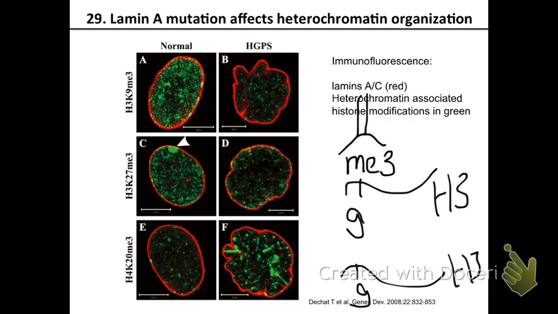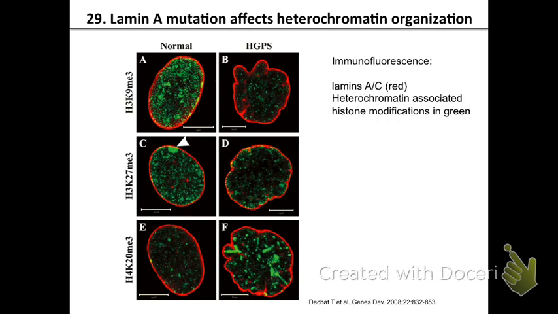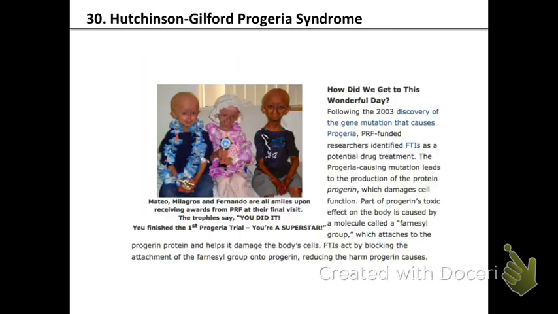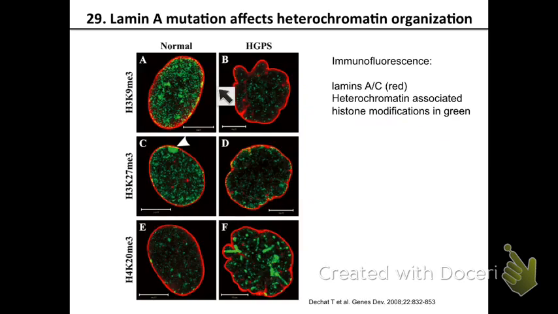And then you can label these antibodies with green. So whenever you see this green color, you know that there is H3K9 methyl 3 over there. Okay? Make sense? And then when you put the two colors together, you're going to know where the heterochromatin is in relation to the nuclear envelope.